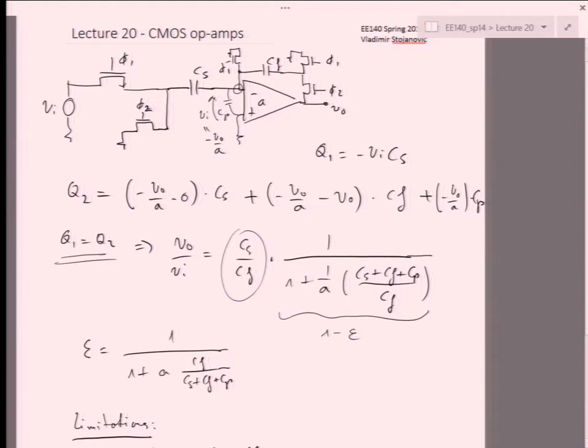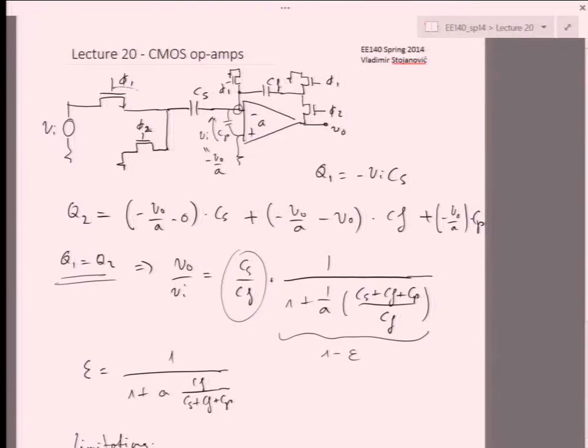And then when you're turning it on again, it kind of takes a little bit of delta Q in order to establish the channel. Right? So those little delta errors still show up as fixed error in these Q1, Q2 equations. Also, clock feed-through means that, as we know, there's some CGD capacitance here and CGS on both sides, right? So when clock goes high and low, it injects charge into this capacitor CS and CF through the switches.